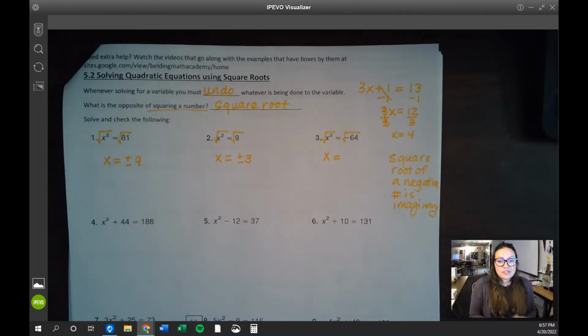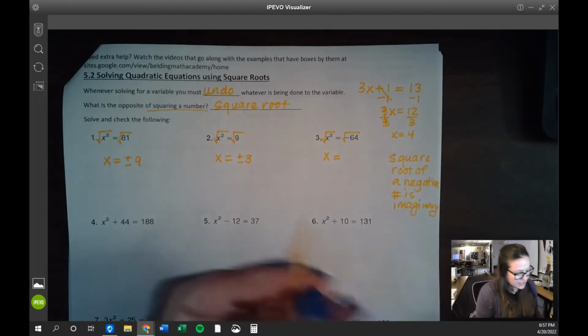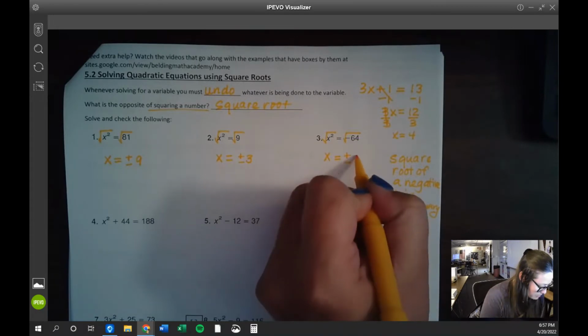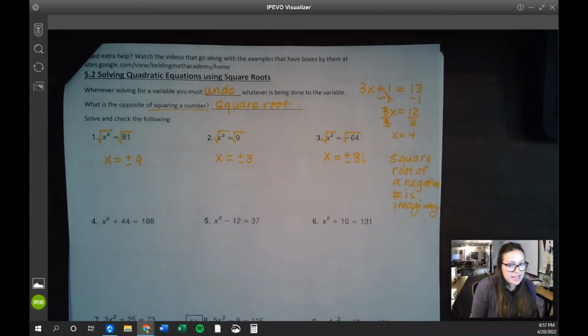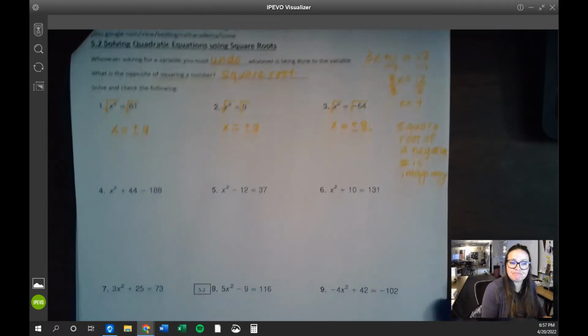So the square root of 64 is 8, which means the square root of negative 64, we still get that plus or minus, is going to be 8i. Okay? So that's something that you also need to kind of bring back to the front of your brain, that when we take the square root of a negative number, we're going to have i in our final answer.